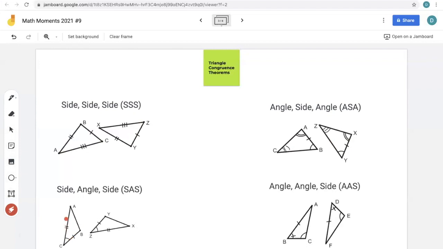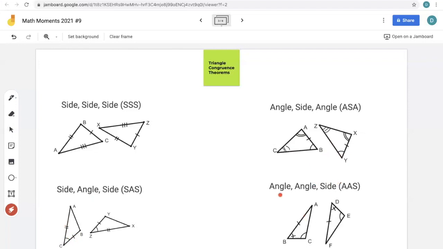So since we know that one of the angles is congruent, then we could take the two adjacent sides, and in order to adjust those sides, we would have to adjust the angle, and that would mess everything up. So that means we can guarantee the congruence of the two triangles by side, angle, side. And remember, these are all corresponding sides and angles that have to be congruent.